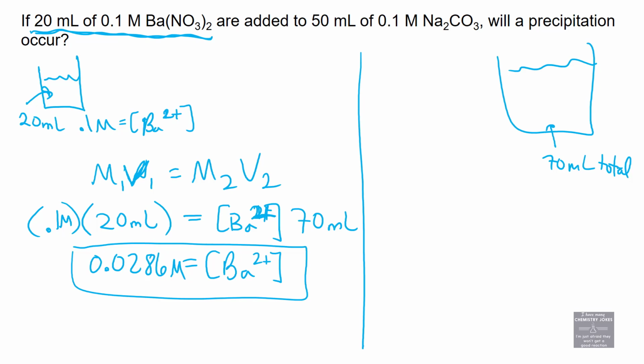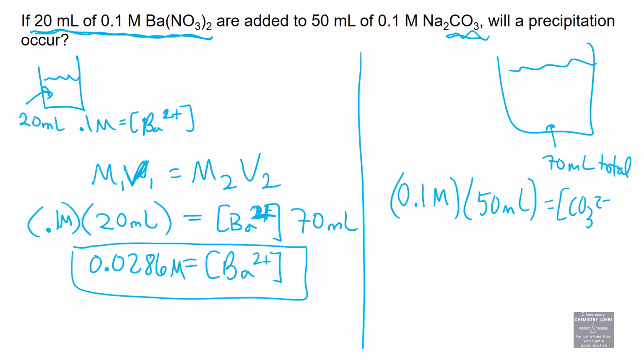Okay. What about my new concentration of carbonate? That's the other ion that I care about in this precipitation thing. It starts out as 0.1 molar in a 50 milliliter sample, and it gets diluted to 70 milliliters also. And I get a concentration of carbonate that's now 0.0714 molar.